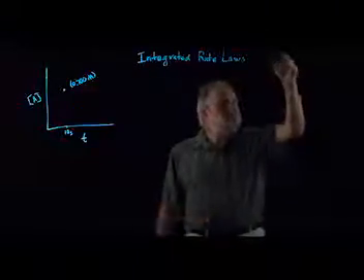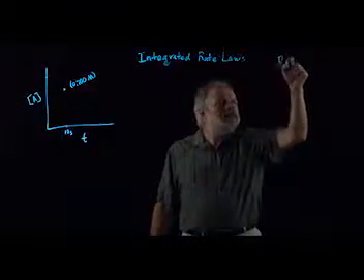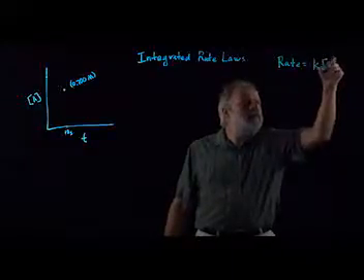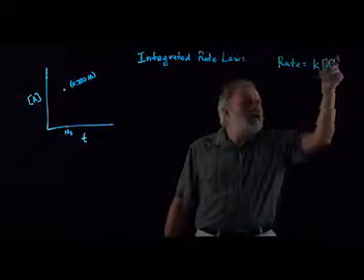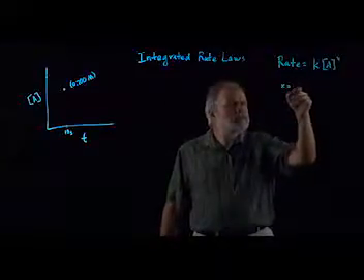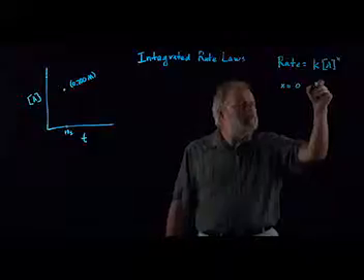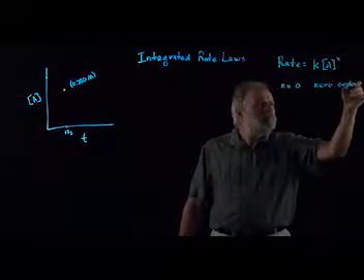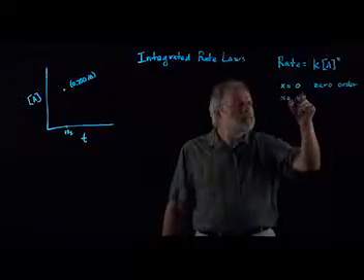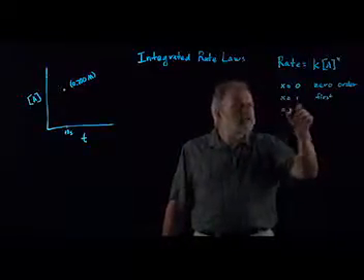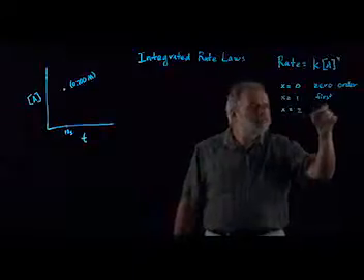The form is going to be rate equals k times some concentration to some power, where it's first order, second order, or 0 order. First, and x equals 2, second.